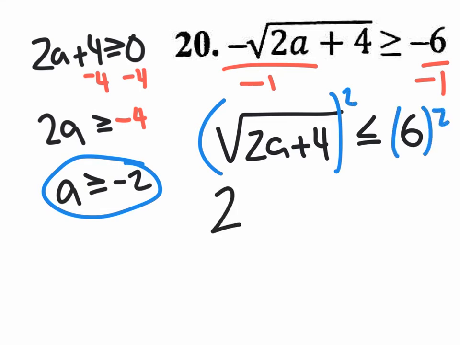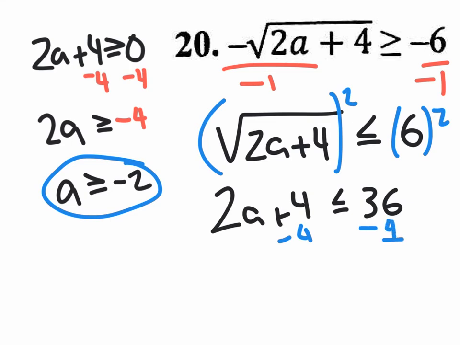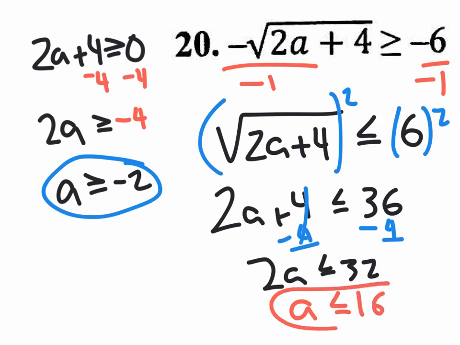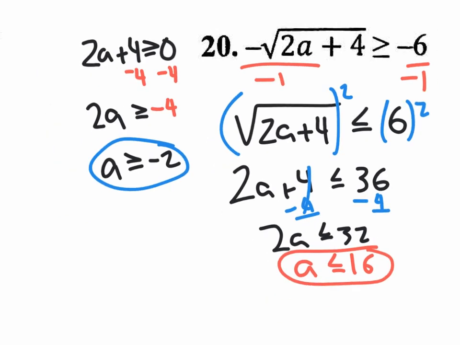You're going to end up with 2a plus 4 less than or equal to 36. And you continue solving. Subtract 4, cancels. You'll have 2a is less than or equal to 32, which means your final answer, if you divide by 2 on both sides, a is less than or equal to 16. Are you with me? I hope so. So you have those two answers.